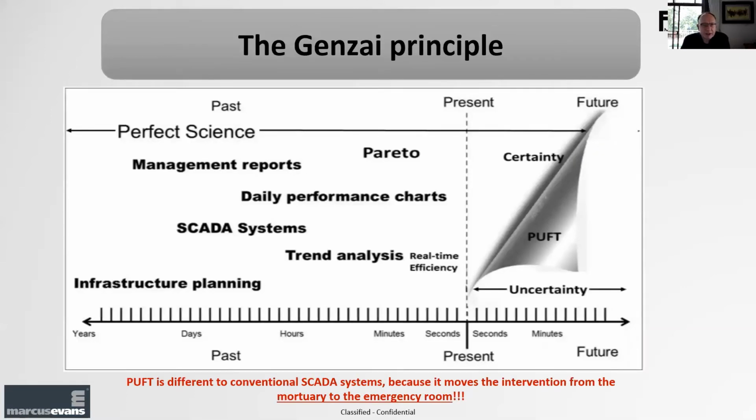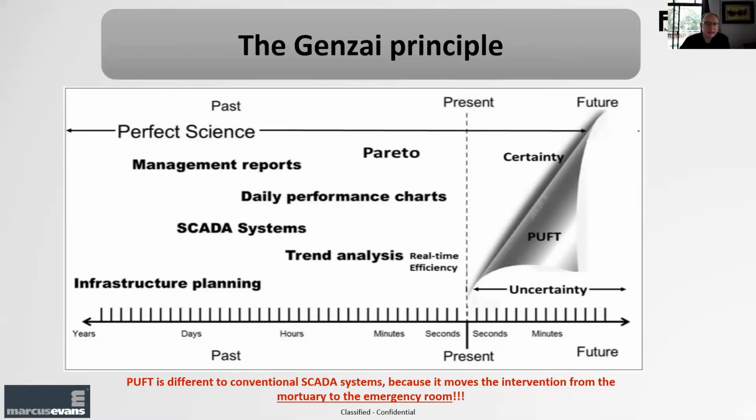So I want to introduce the Genzai principle, which is now in Japanese. It means to act now. So the resulting benefits from PUF are only available if we act now. I like to call it, you know, we move the incident from the mortuary to the emergency.